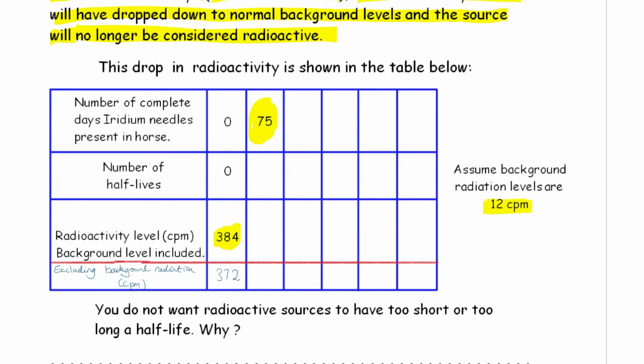Now after one half-life, we have to halve this value, look, 372, to find out what's the reading after 75 days.